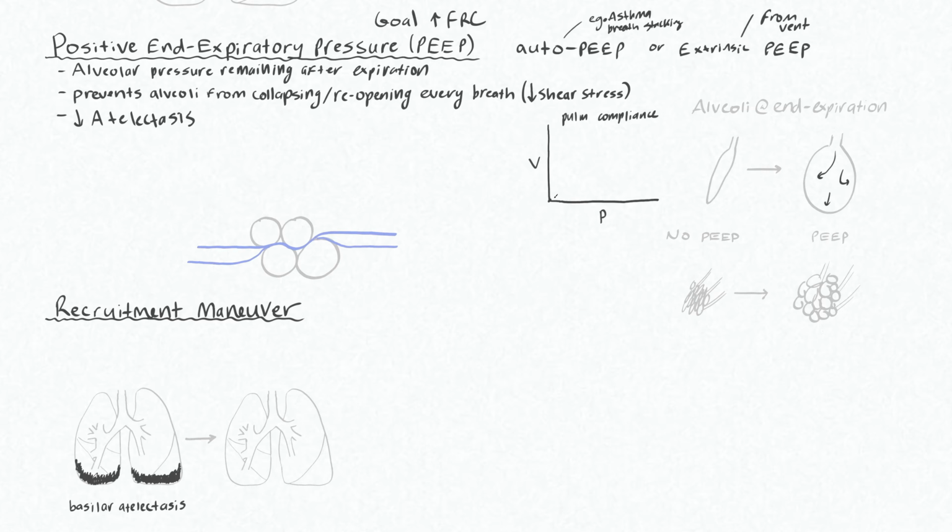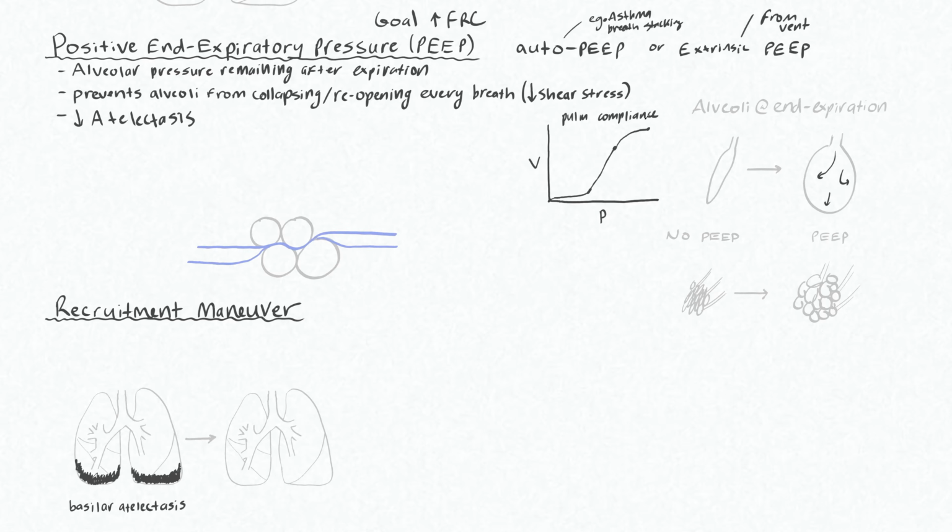At very low lung volumes, you have low compliance, so it'll take lots of pressure to expand your lungs from the empty state, or from a collapsed alveoli state. And then you have a better compliance in this mid-filling range of your lungs, and then as your lungs become more full, your compliance decreases again.